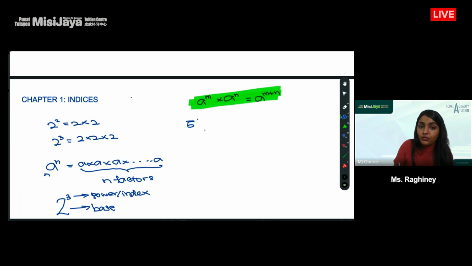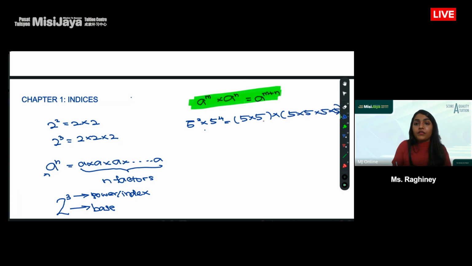5 to the power 2 times 5 to the power of 4. What does this look like? 5 times 5 times 5 times 5 times 5 times 5. Let's say I remove the brackets. How many 5s do I have? 4, 5, and 6, which we can simplify into 5 to the power of 6.